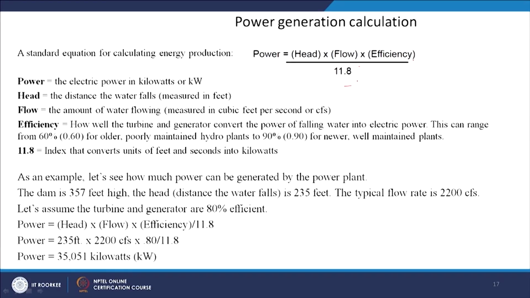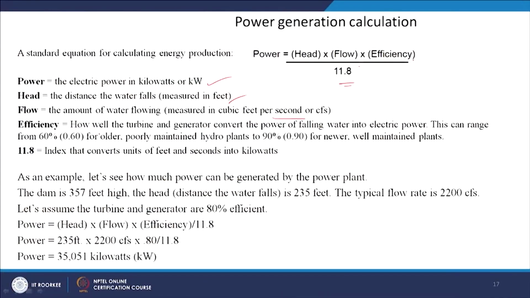Now, how can we calculate the power generation? If the data is available in the FPS system, the power generation can be head into flow into efficiency by 11.8. So, power is the electric power in kilowatts, the head is the distance the water falls in feet, and flow is in cubic feet per second. Then this formula is used, and efficiency is how well the turbine and generator convert the power of falling water into electric power.